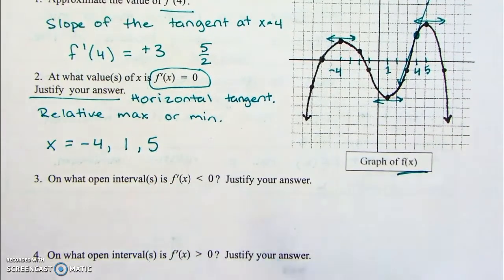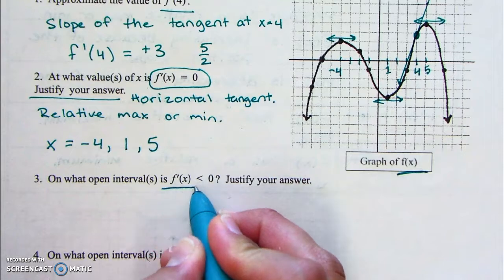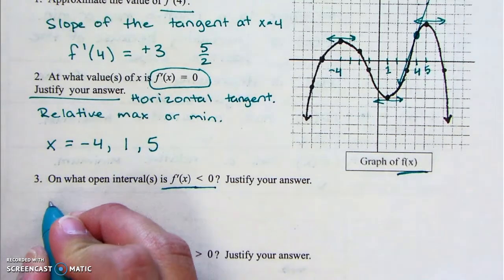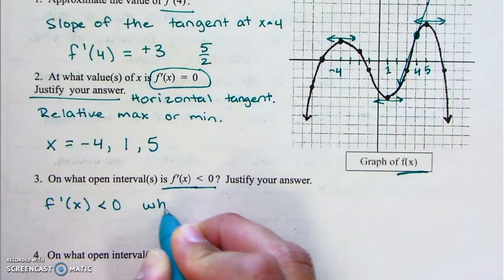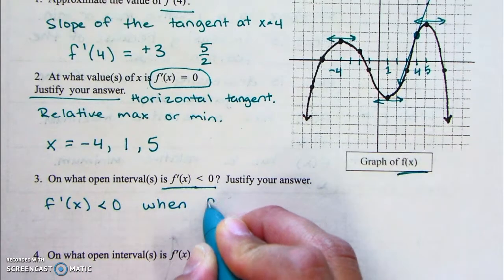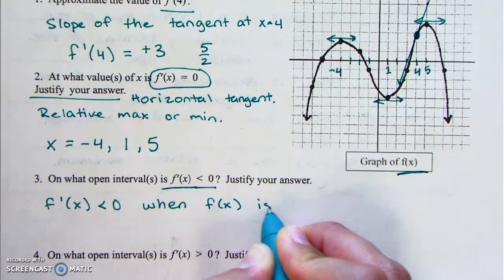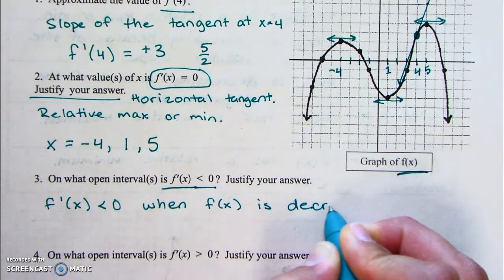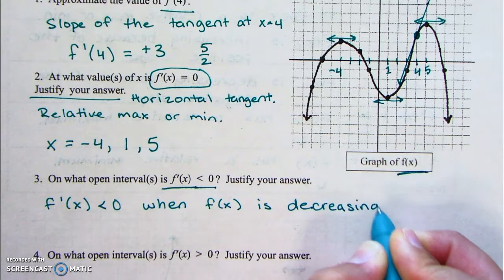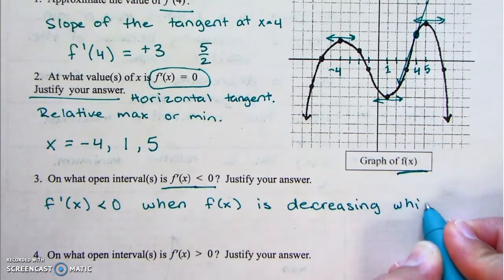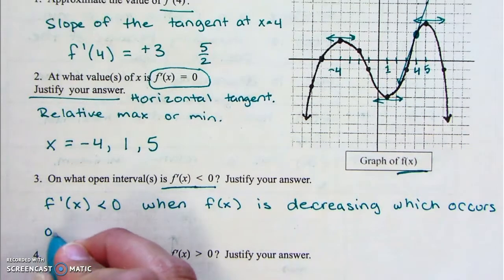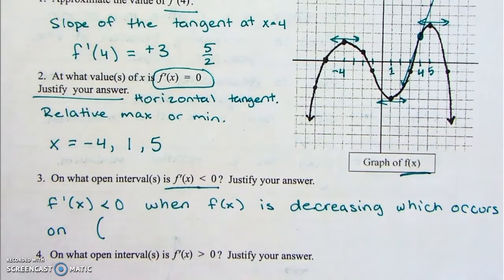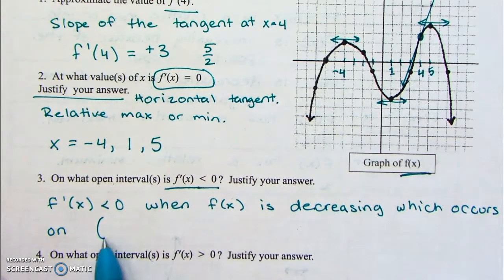On what open intervals is the derivative less than 0? Ready for our justification? The derivative will be less than 0 when f of x is decreasing. Which occurs on, and they told us it's open, which is nice, so we're going to have open parentheses, and where is it decreasing?